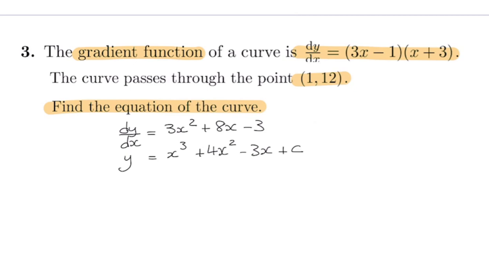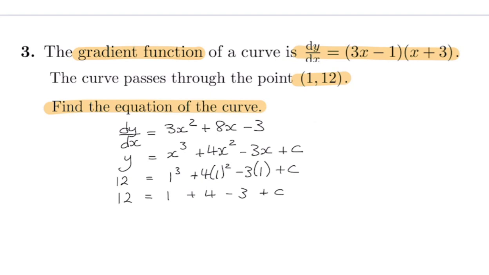Then we put in our boundary conditions. These are referred to as boundary conditions. So y is 12, and we get 1 cubed plus 4 times 1 squared minus 3 times 1 plus c. So 12 equals 1 plus 4 minus 3 plus c.